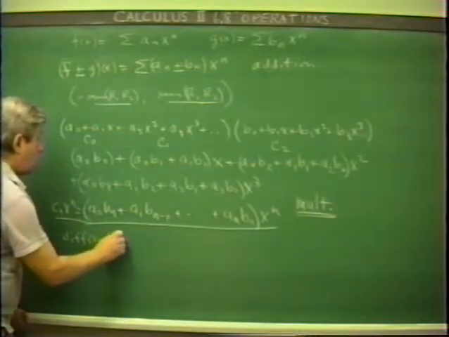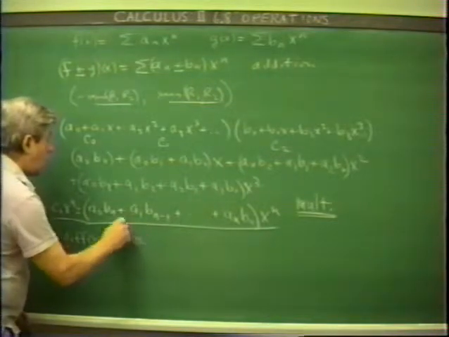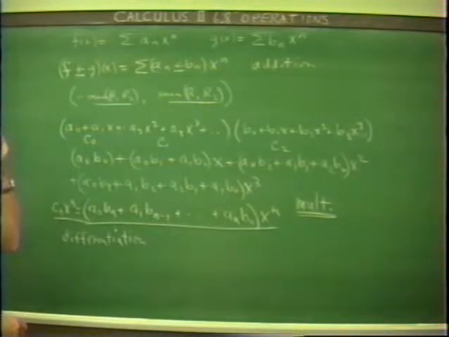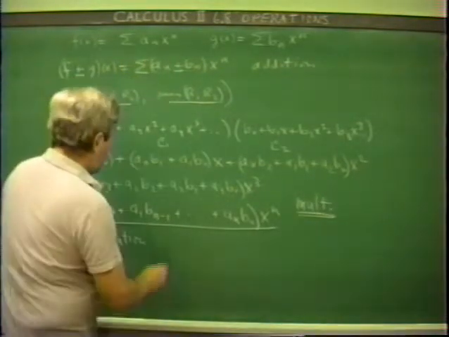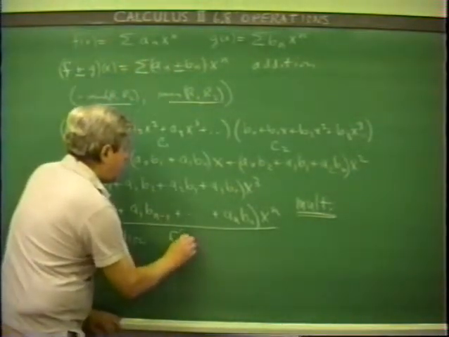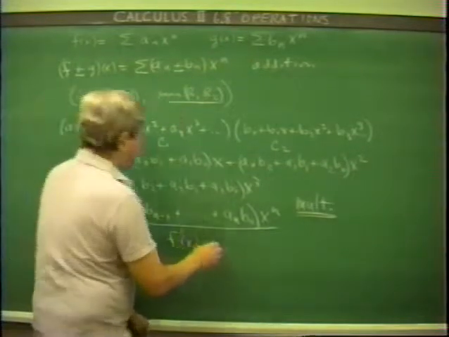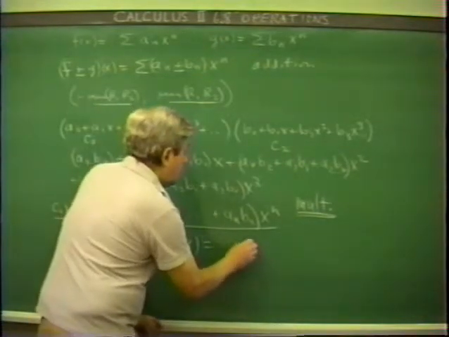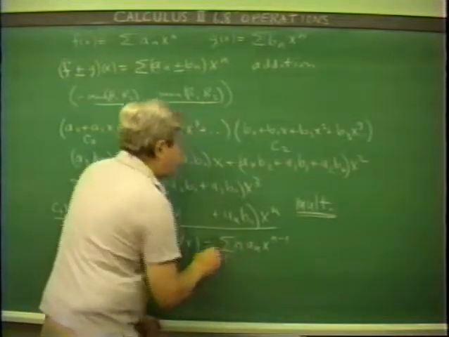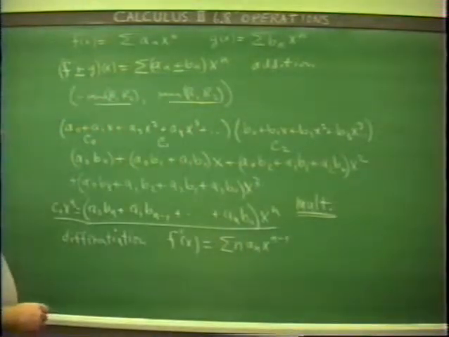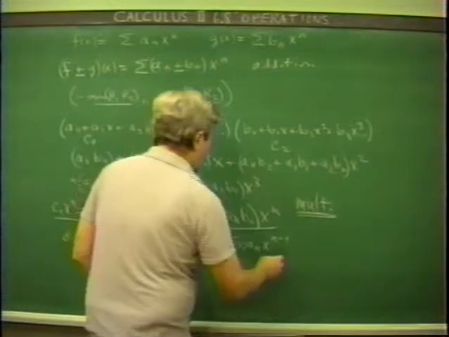Two other things can be done here. Differentiation. That's to say, if we've got the summation a_n x to the n, what we'd like to do is differentiate this and get f prime of x equals the sum of n a_n x to the n minus 1.